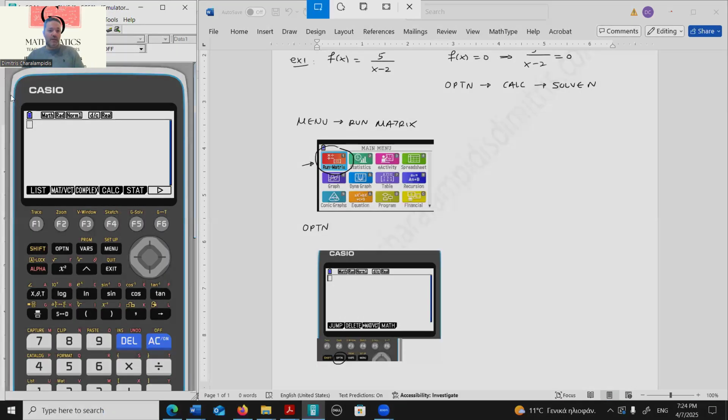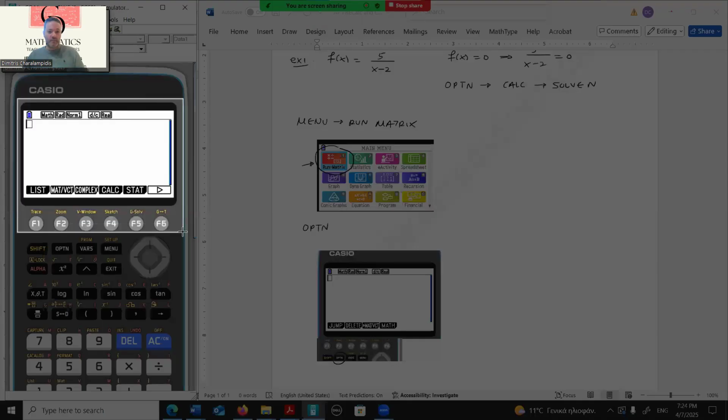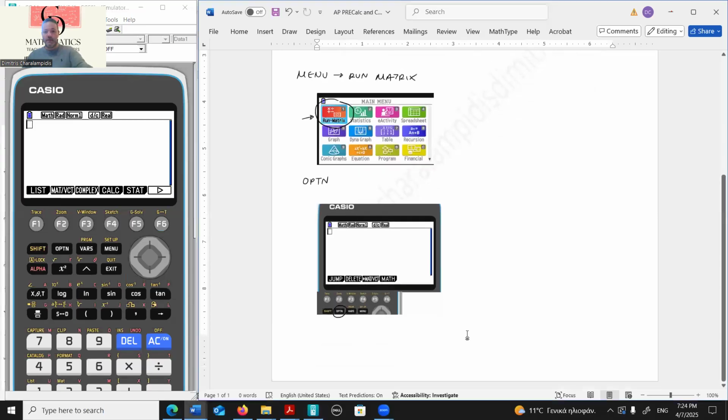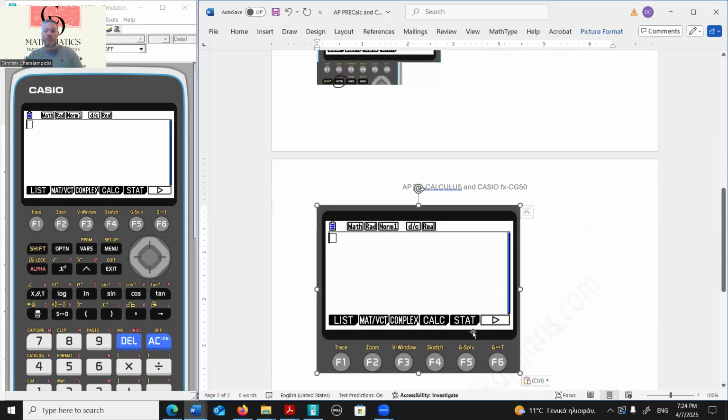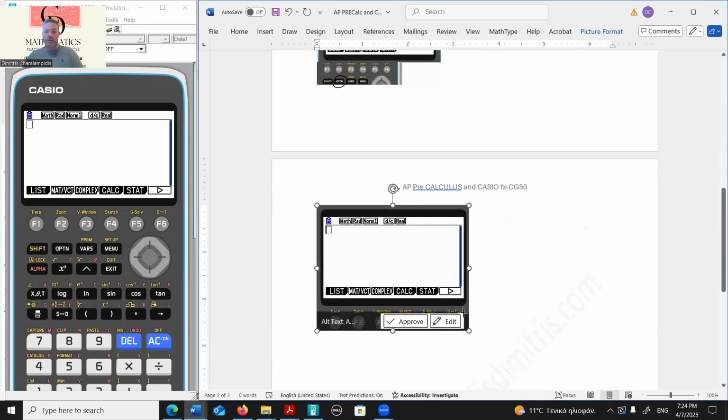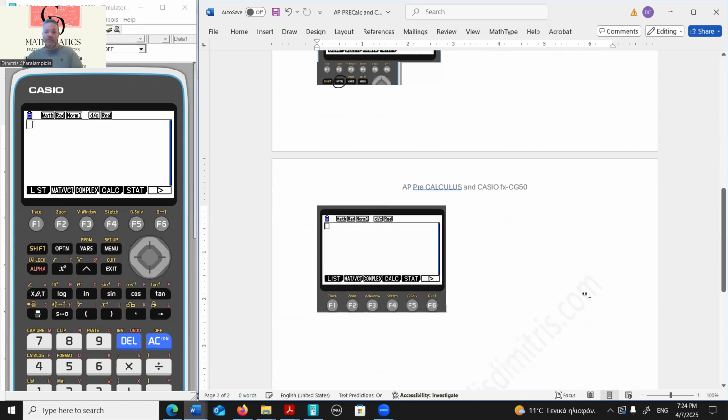Now we need to click on the calc. Remember, the order goes option, calc, solve. So now we need to apply the calc.